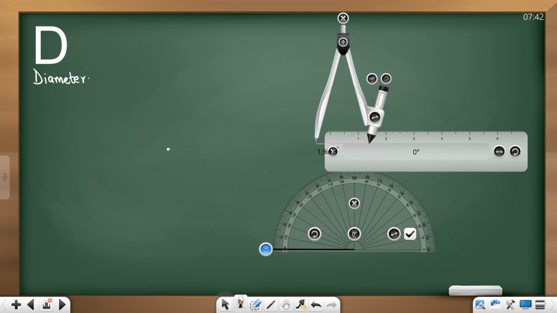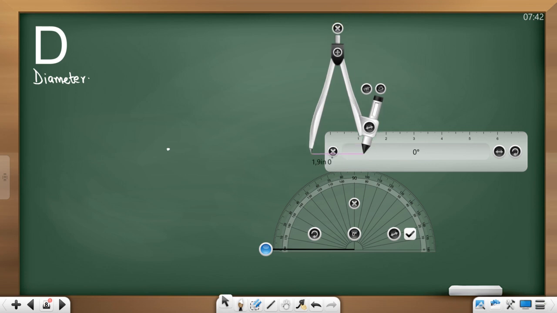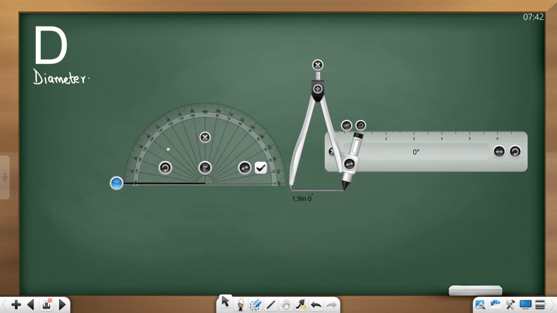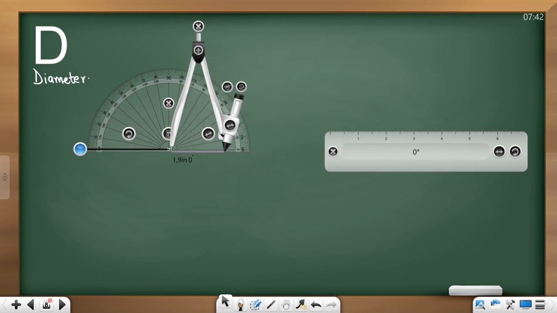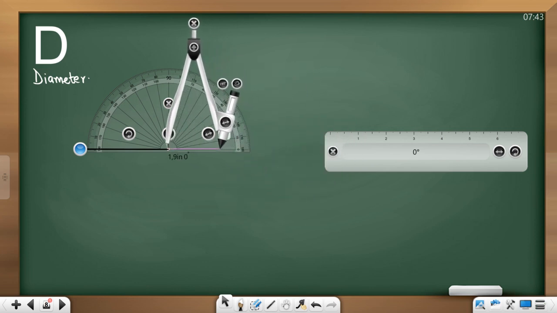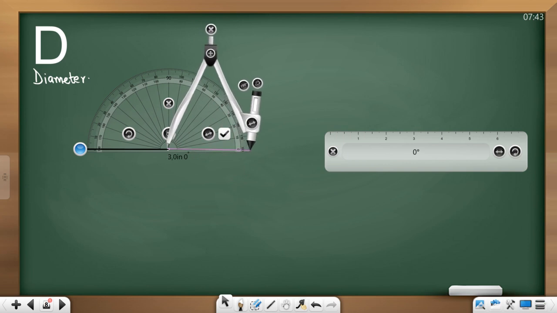We're creating a point there. Let me see if I can use this to just draw. So I'm creating that point. You don't have to do this. This is just me trying to be very accurate, because there is an investigation on this, but I won't be doing that.